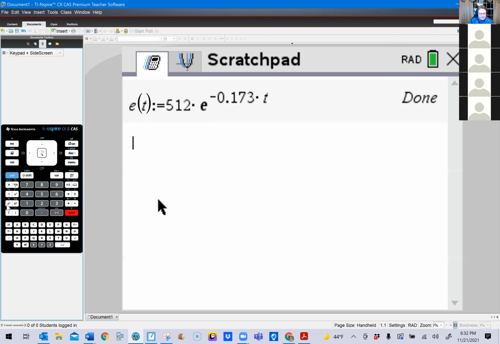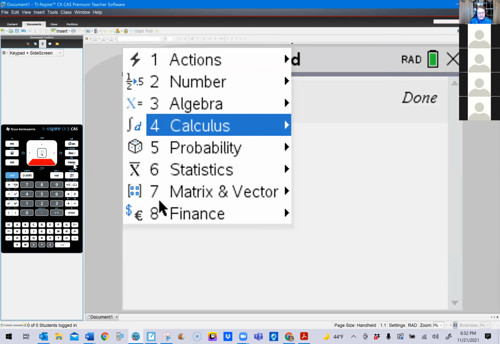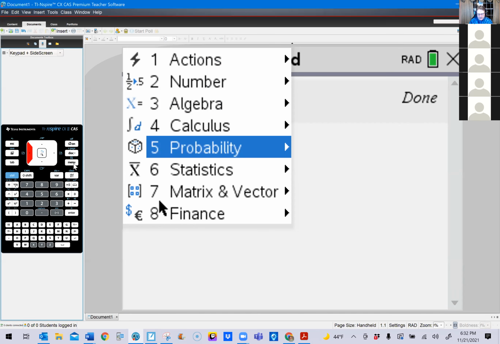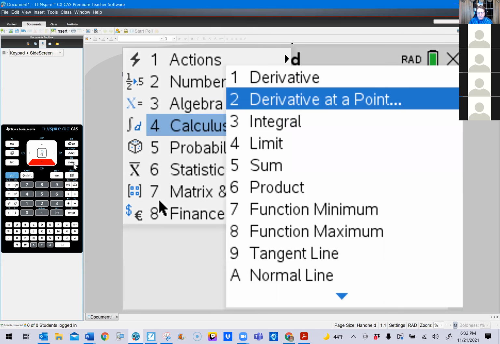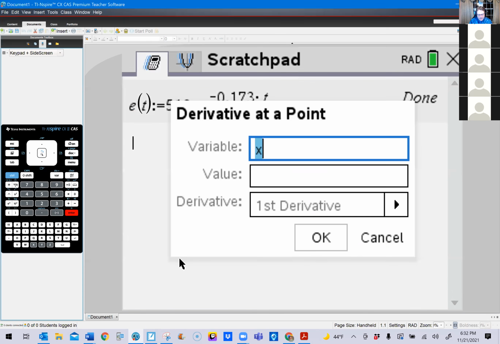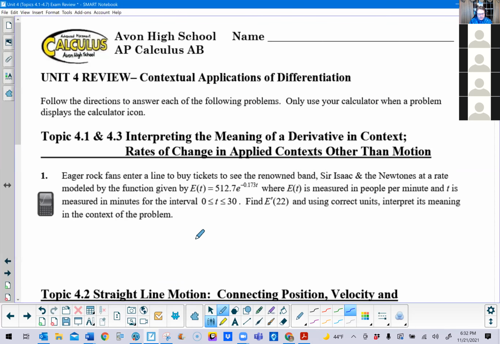Now that we have this, on the TI Inspire, we can use the cool shortcut menu, calculus, not probability, that's a different class, calculus, and we want derivative at a point, right? Derivative at a point. Now I'm going to go back to the problem just really quickly, to make sure that we are understanding this. We were given this E, we were finding E prime, so there's no question that we want to take a derivative. We want to do so at 22.